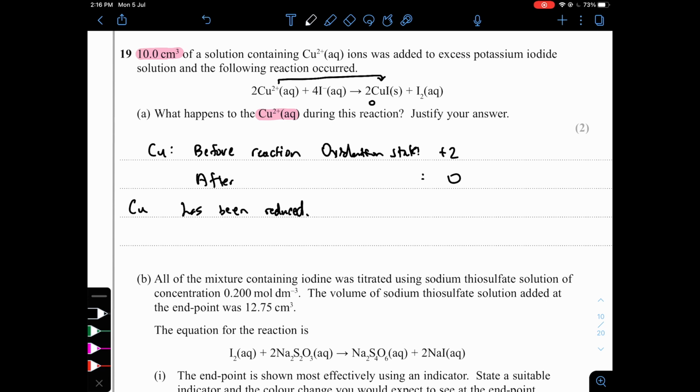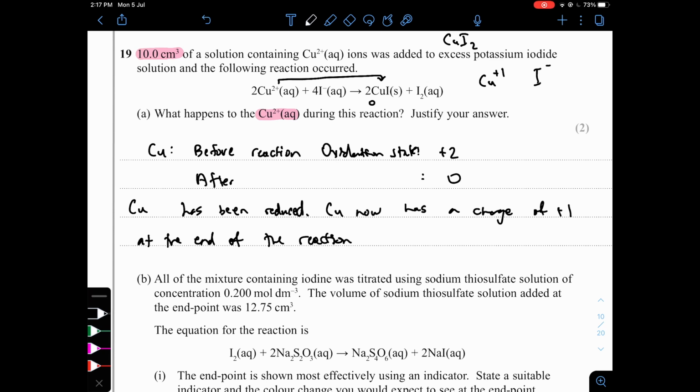We know that iodide ions have a charge of minus, right? But you can see here, copper is reacting with iodine and is not producing CuI2 as it should, because it's +2 charge. So that means that copper now has a charge of +1 at the end of the reaction.